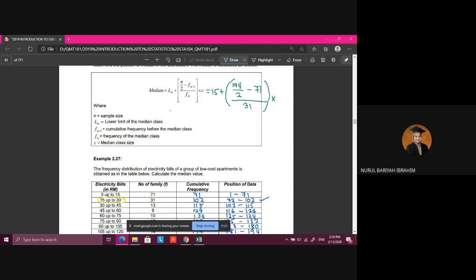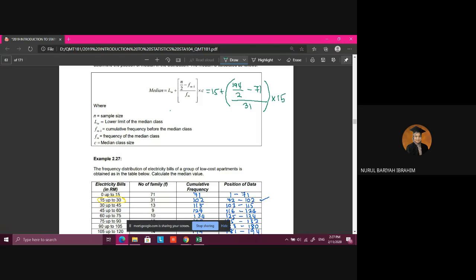It is 15. So how do we find the class size? Before this you have learned that the class size can be calculated using the upper limit minus the lower limit, or the upper boundaries minus the lower boundaries.